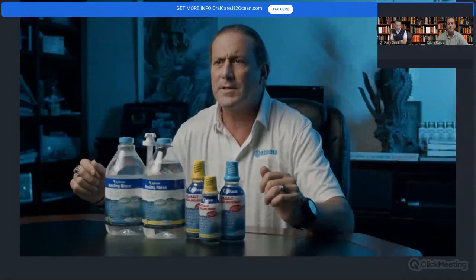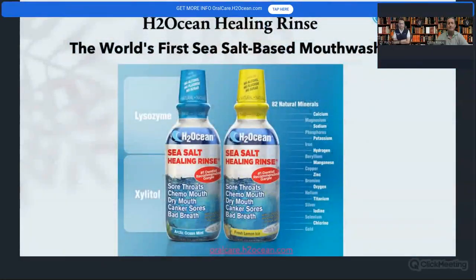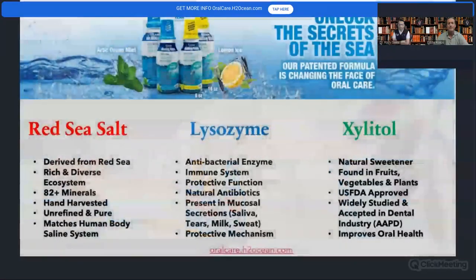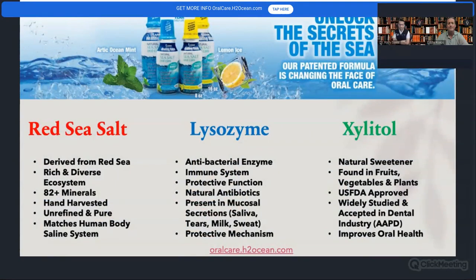Now, let's focus on one of our flagship products here, the H2 Ocean Healing Rinse, the world's first sea salt-based mouthwash. What makes this so special? The key ingredients. Red Sea salt, enriched with 82 trace minerals, hand-harvested, unrefined, and perfectly matching the human body saline system. Lysozyme, an antibacterial enzyme that enhances the immune system's protective function.